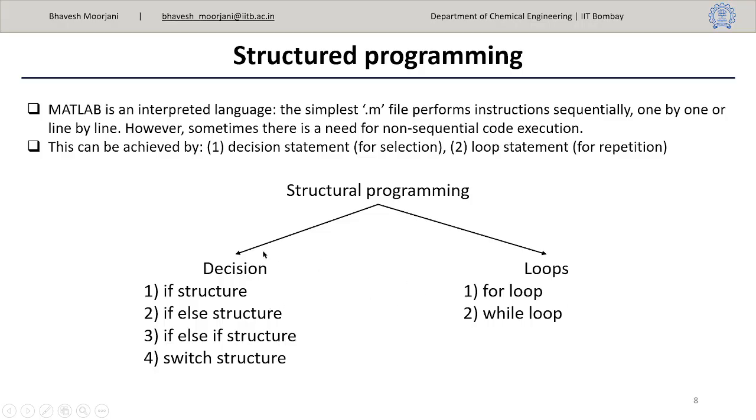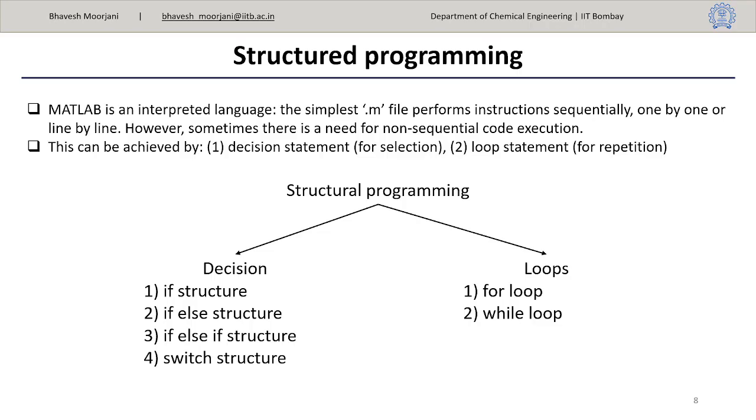We have learned about the use of if-else conditions. If your condition is true, then execute this part of code; if not, then execute the other part of code. So that is non-sequential code execution. Then you have a for loop: you change one variable, and for each value of that variable you run a series of commands within that loop.